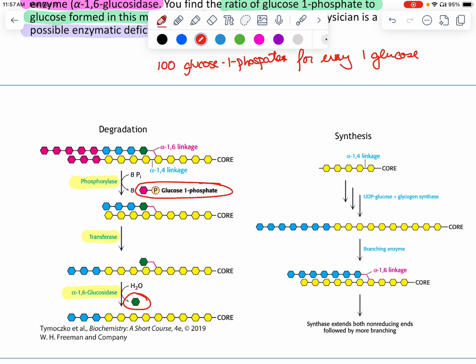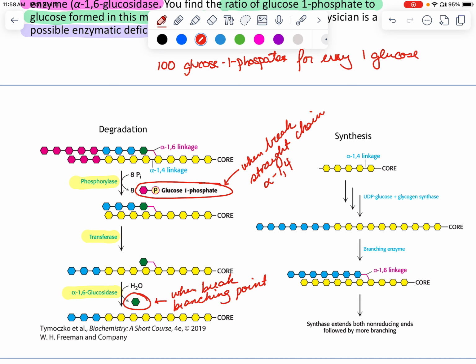All right, let's think about when we make these. We make the glucose 1-phosphate when we break the straight chain, so those alpha-1,4 linkages. We make glucose when we break that branching point, our alpha-1,6 linkages.